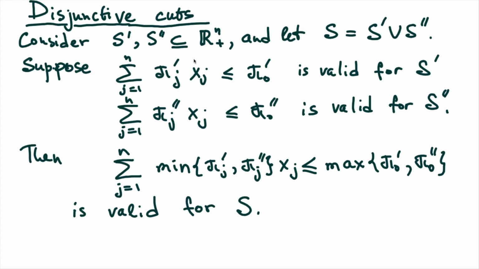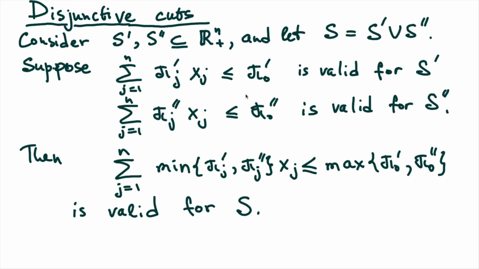So then, if we look at these two inequalities, and because all the variables are assumed to be non-negative, so we have here R^n plus, then if you replace the coefficients for xj's with something that is no greater than the current coefficients, then obviously the inequality will be valid, right?